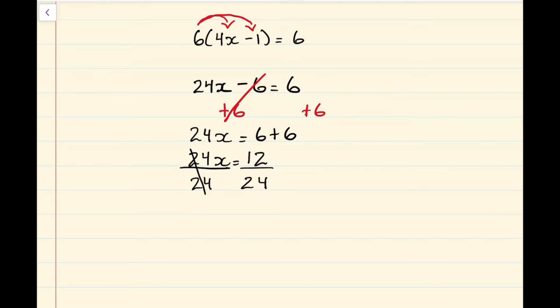So that would cancel out. And so x would be equal to 12 over 24, which is just 1/2, because 12 goes into 12 once and 12 goes into 24 twice. So then x is just equal to 1/2. And that's how to solve that question. So let's move on to the next question.